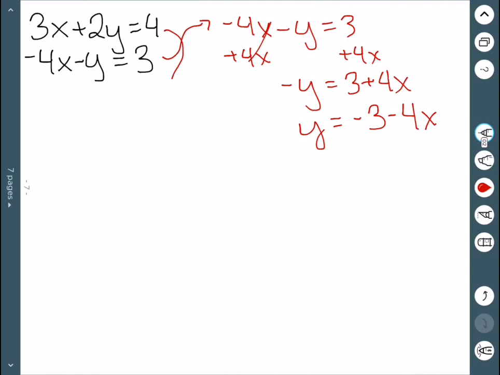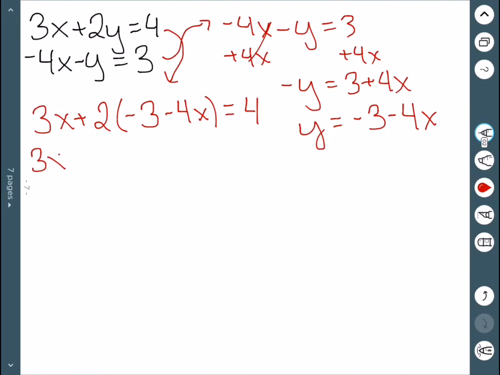We then use the first equation, which says 3x plus 2y, but instead of y, we'll write this expression we just found, -3 minus 4x, equal to 4. Multiplying out gives us 3x minus 6 minus 8x is equal to 4. 3x minus 8x is -5x.